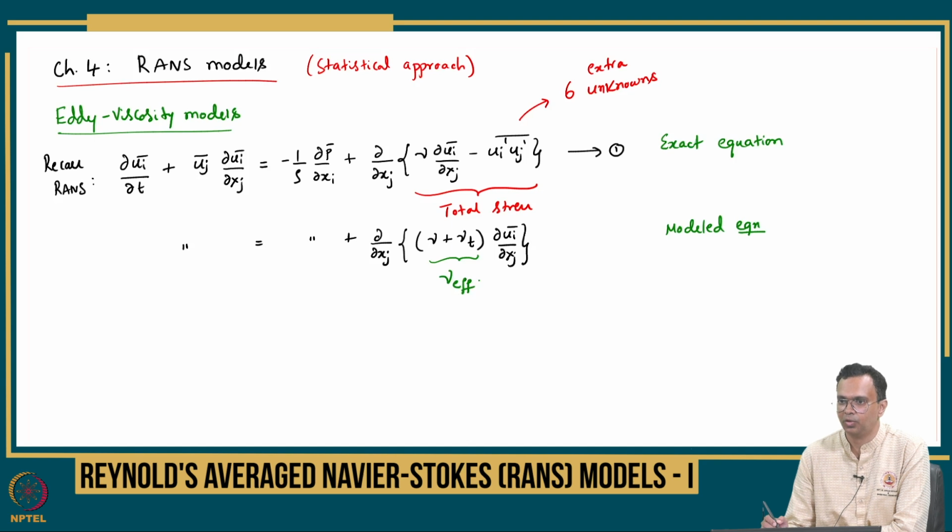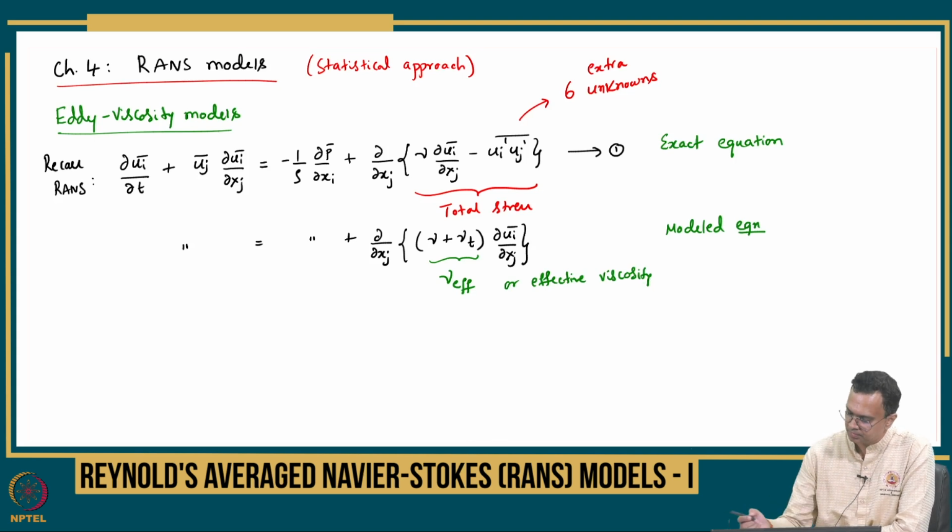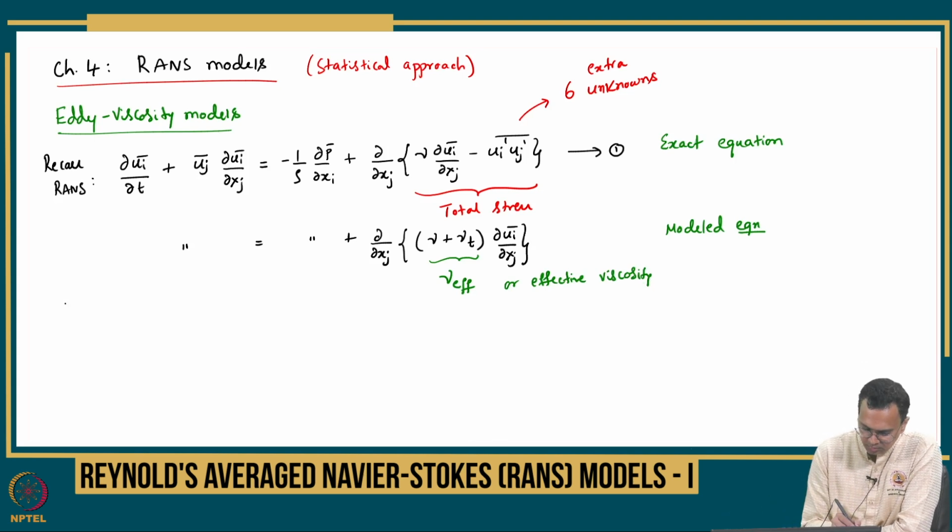So when you write codes, or in many commercial codes, they use this concept of an effective viscosity, or eddy effective viscosity, I would say. So here mu t is what is called the eddy or turbulent viscosity.